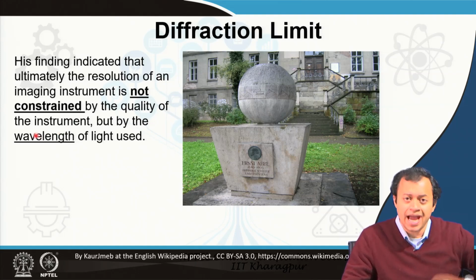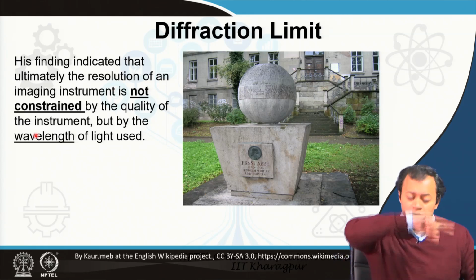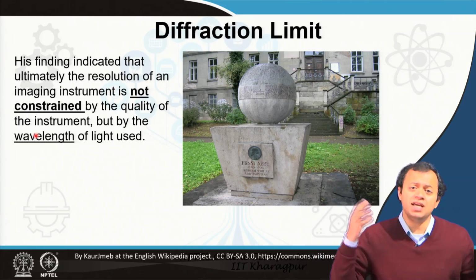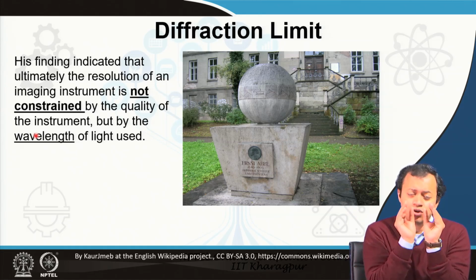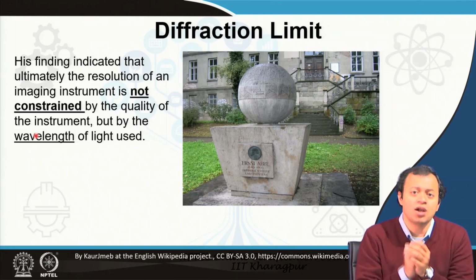Similarly, light will diffract. If the wavelength of light is very large compared to the slit, compared to the object, compared to the pinhole, light will not be able to resolve; it will consider it as a single object.